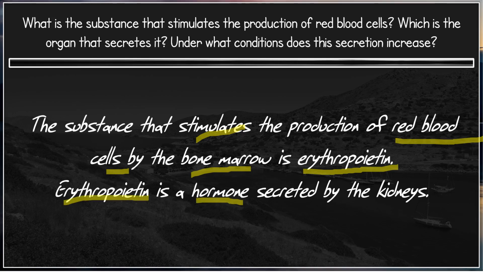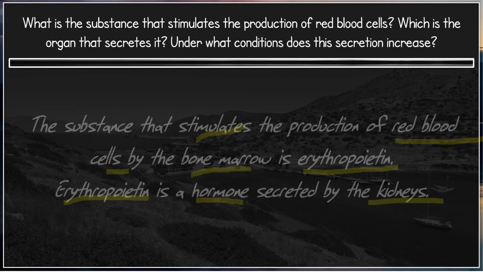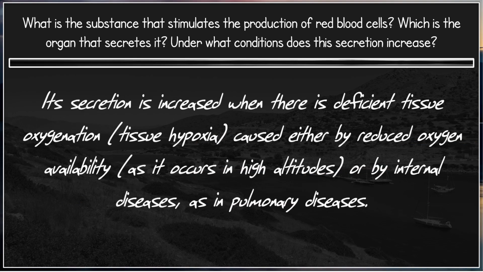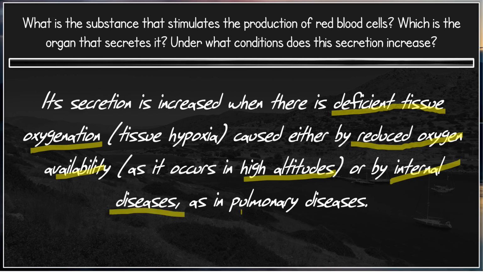Erythropoietin is a hormone secreted by the kidneys. Its secretion is increased when there is deficient tissue oxygenation, tissue hypoxia, caused by a reduced oxygen availability, as occurs in higher altitude, or by internal diseases, as in pulmonary diseases.